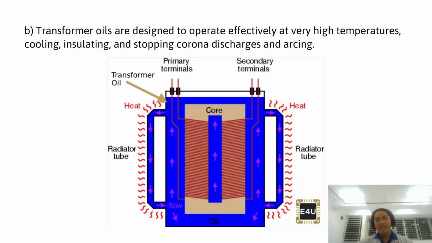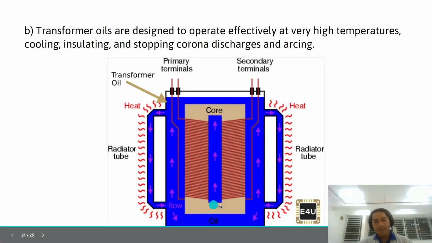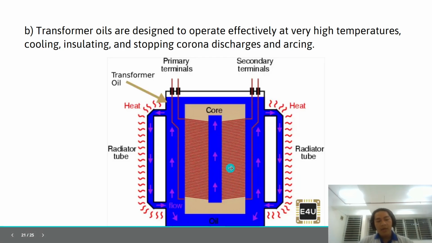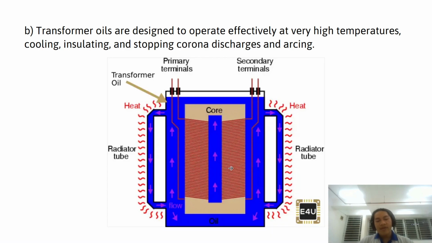So look at this picture. When our transformer operates, the electrical energy will pass through the primary and secondary windings, those two. And the magnetic flux will flow in the core. This causes the losses, which generate heat inside the transformer.